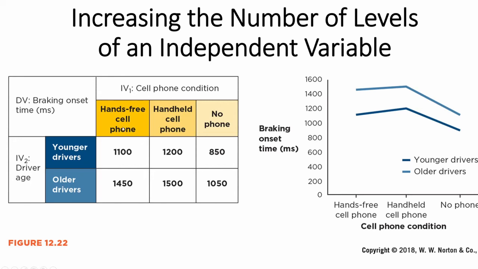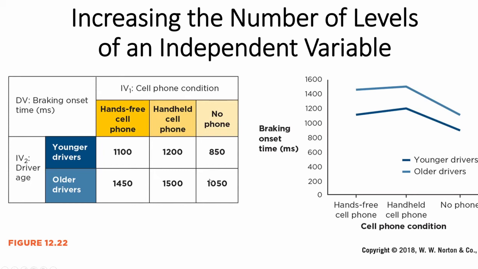So in this case, we now have a 3x2. So our first independent variable has 3 levels, and our second has 2 levels. So if we talked about this kind of a setup, this is a 3x2 or a 2x3 factorial design, depending on which one you're talking about first and second.